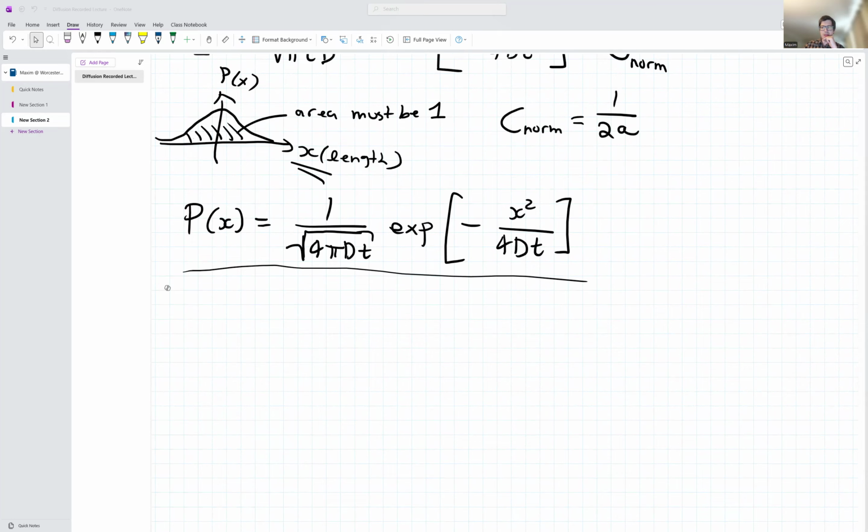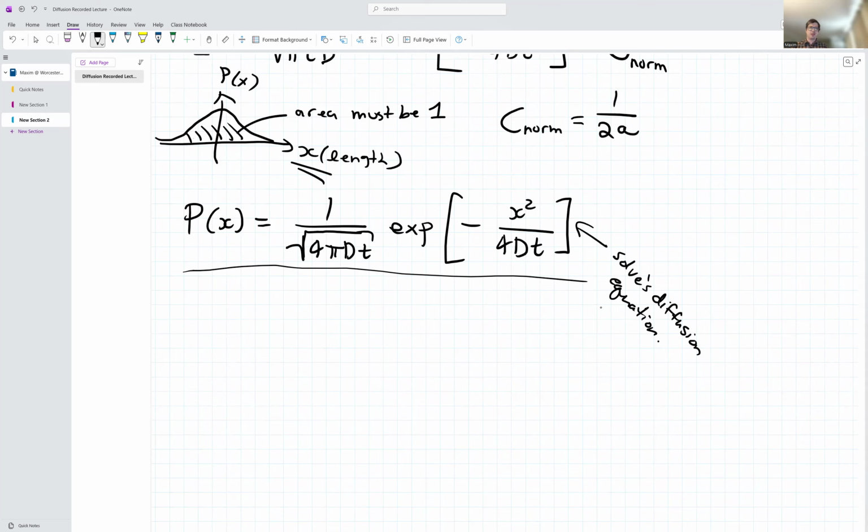The next thing to talk about is the diffusion equation. This function here solves something called the diffusion equation, which is called Fick's second law. This will be an important equation.